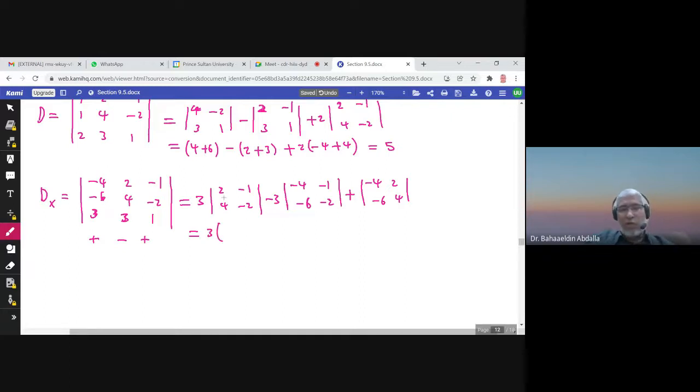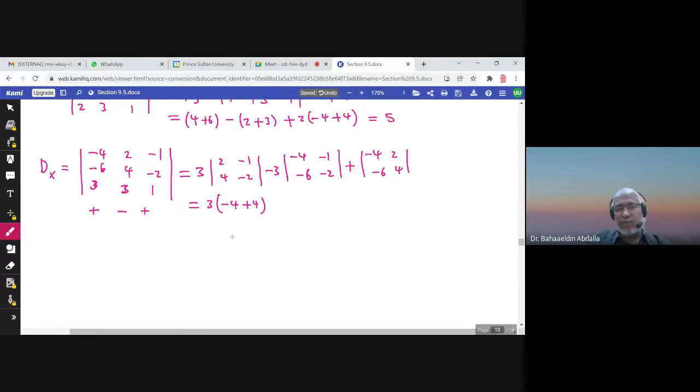Okay, so negative 2, 2 times negative 2 is negative 4 minus negative 4, so it's plus 4. So this is again 0. Minus 3 times negative 4 times negative 2 is 8. Minus negative 1 times negative 6 is 6. Negative 4 times 4 is negative 16. Minus negative 12 or plus 12. So this is 0. 8 minus 6 is 2.